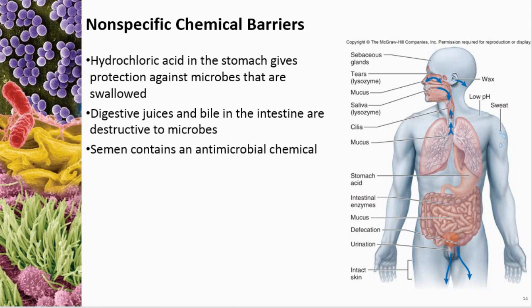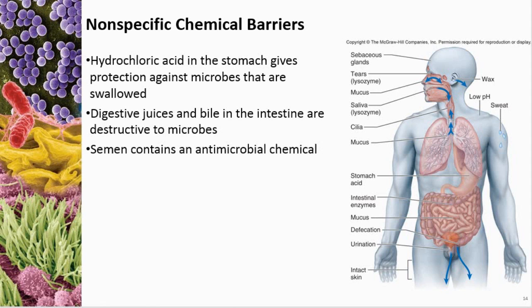So males produce semen, which is the mixture of sperm and the secretions from the seminal vesicles, the bulbourethral glands, the prostate gland, Cowper's gland.